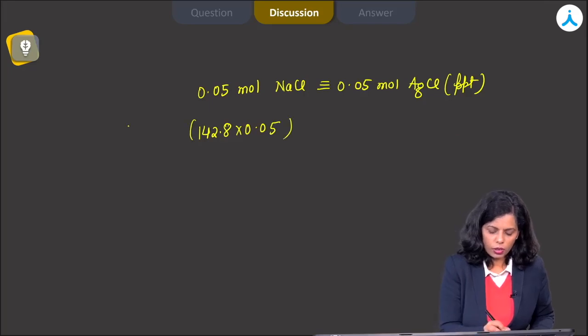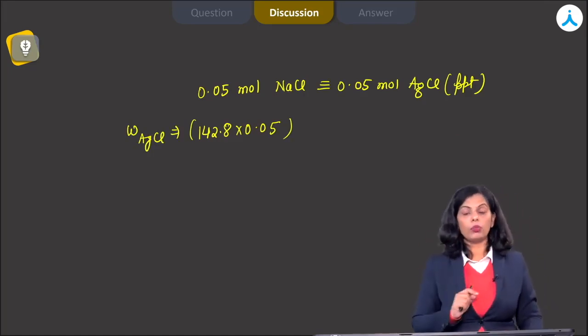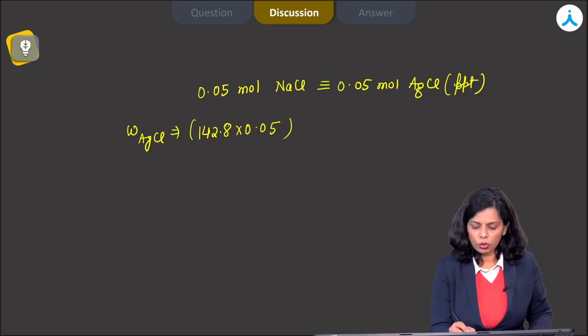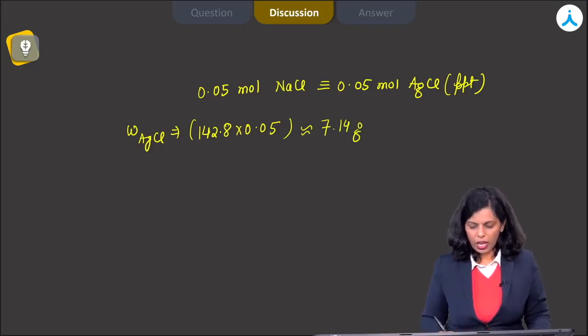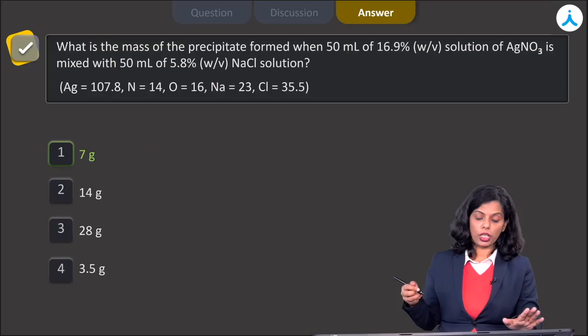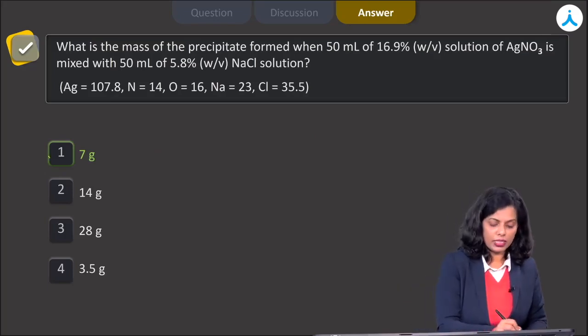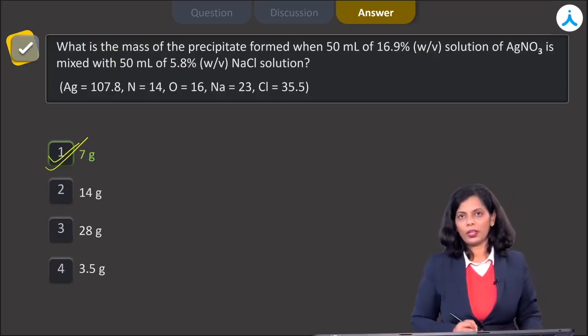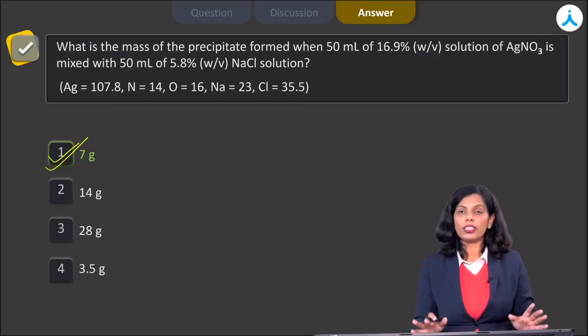So, this is the weight of AgCl, because what I did, I just multiplied moles and molar mass. When you multiply these two, you will get the answer nearly 7.14 gram, and if you check the options given here, 7 gram is the final answer. Okay? So, this way we solve this question.